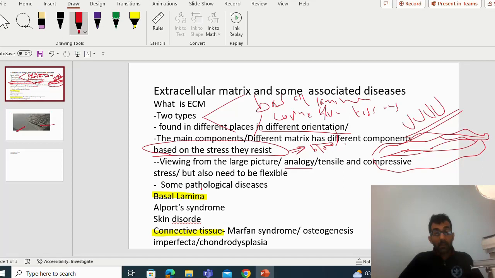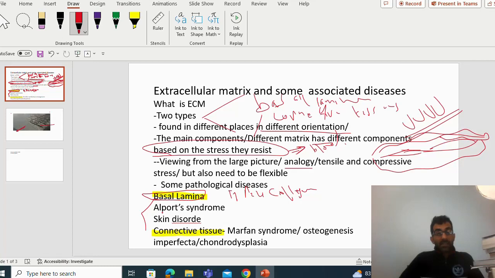There are some pathological diseases important to mention here. Before we go to the diseases, we know already that we have two types of matrix, basal lamina and connective tissue. The principal structural components of the basal lamina are laminin and type 4 collagen.